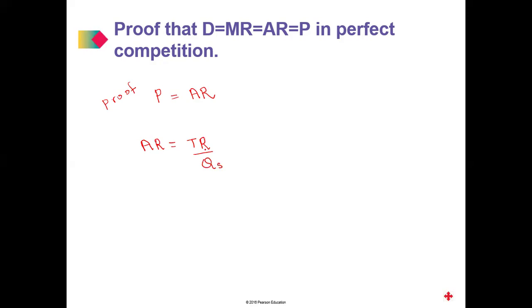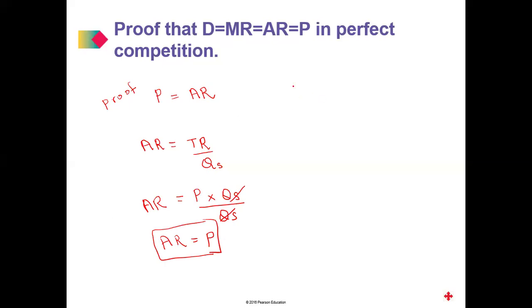So average revenue is the total revenue per unit, or per unit sold. It is the total revenue per unit. So recall the formula for total revenue, which is price into quantity sold. And you can see over here that we can cancel out the quantity sold and we will be left with price. So average revenue is equal to the price.